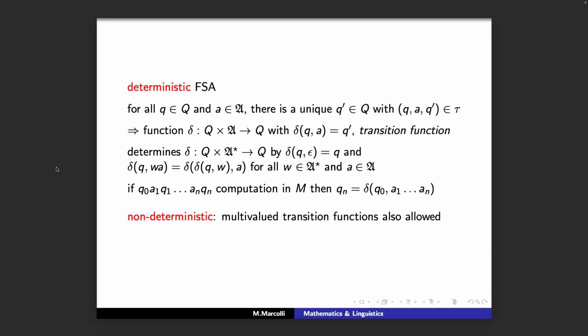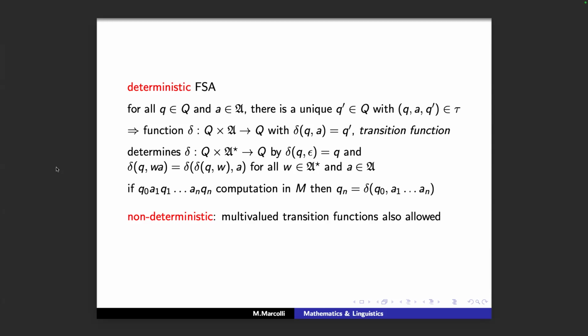So my automaton is deterministic if, given these two data, there's a unique Q prime that is determined by these two. So that this is actually enough to specify my transformation. I know where I am and I know which label I read on my instruction tape, and then I know where I'm going to be.